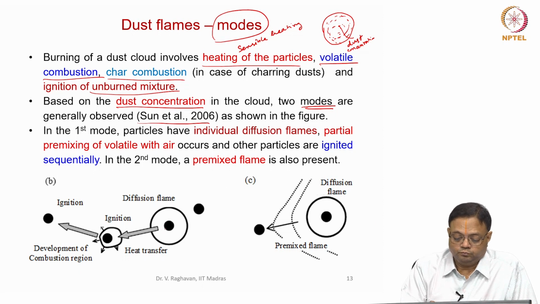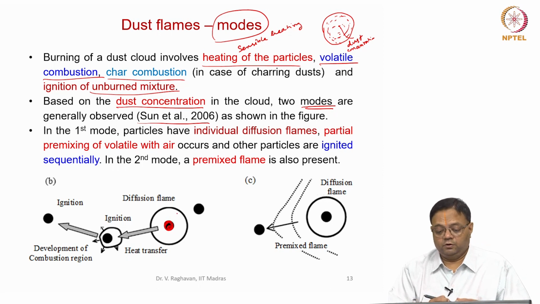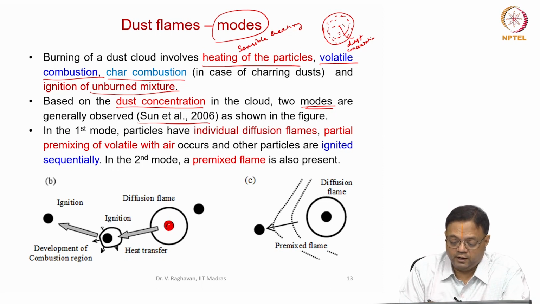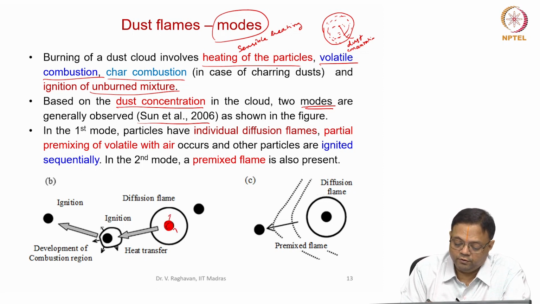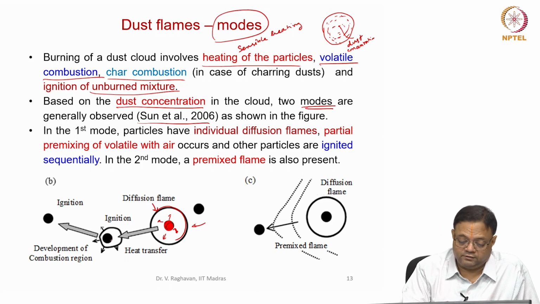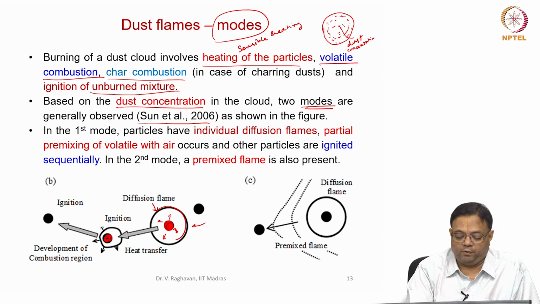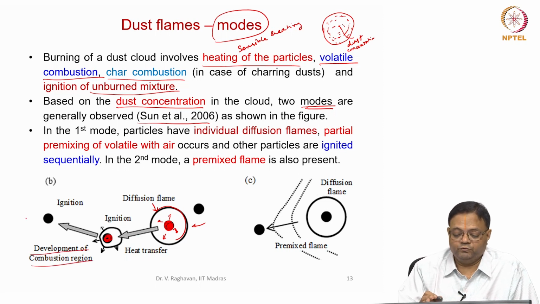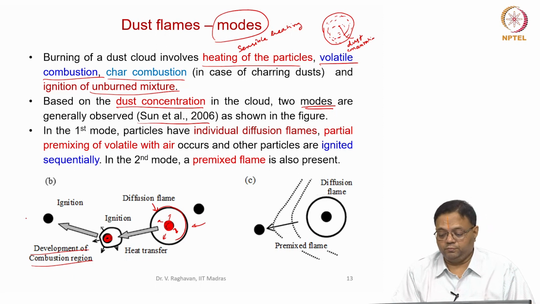First one is where the dust particles are heated up faster and volatiles are released from the surface, ambient air enters and a diffusion flame is formed. And this flame heats up and ignites the neighboring dust particle, and this is the propagation. So, development of the combustion region is propagated by subsequent ignition of the dust particles.